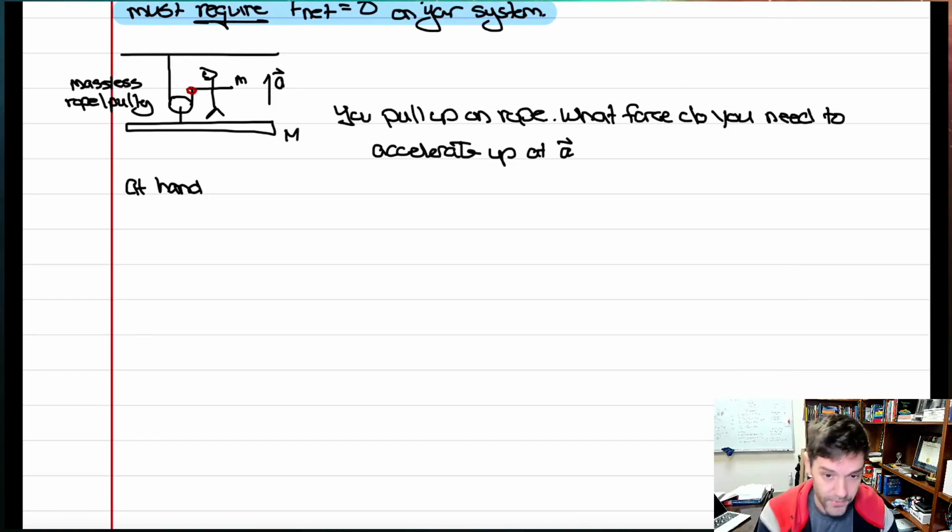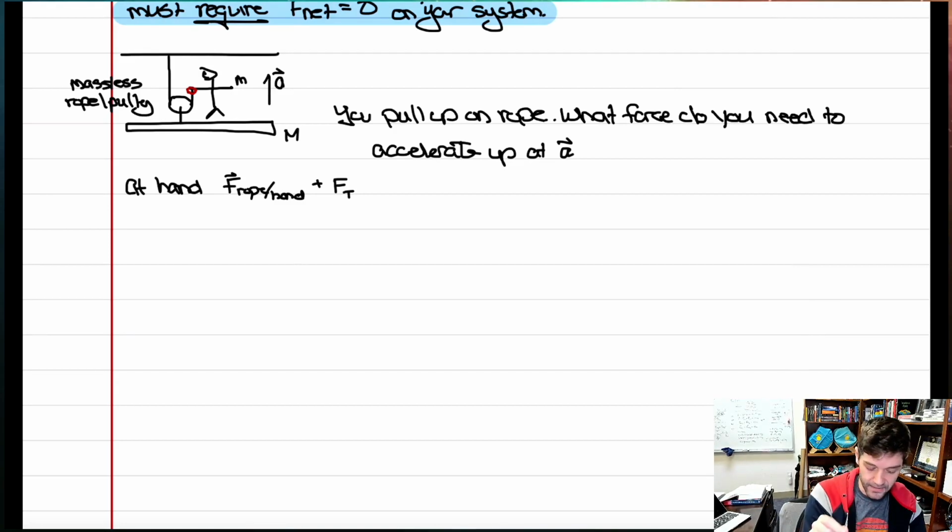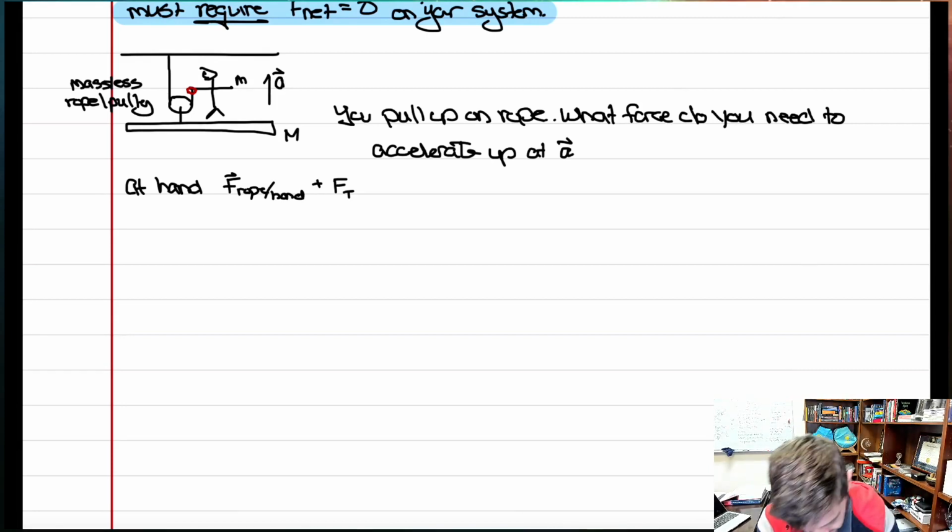At the part where the rope touches the hand, I expect there to be a force of on hand. Well, I'm studying the piece of rope that's coming in contact with my hand. So there's on rope from hand. And then I might expect a force of just the tension in the rope, on that little piece of rope from the rest of the rope. Which if you go up to the previous example, we're going to be able to approximate as this tension is going to be uniform throughout.